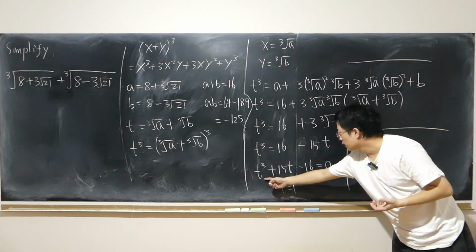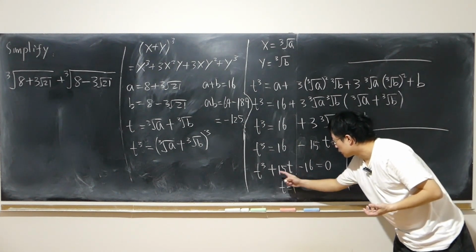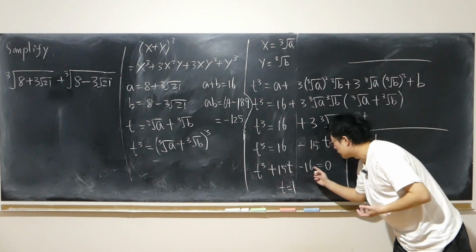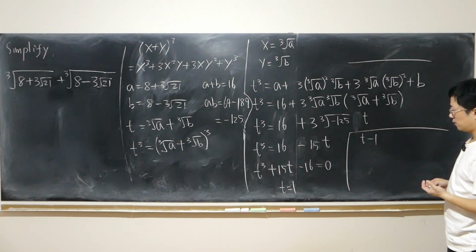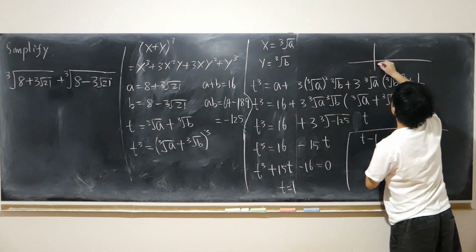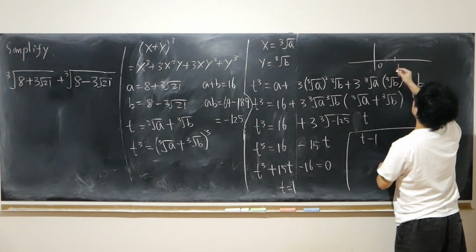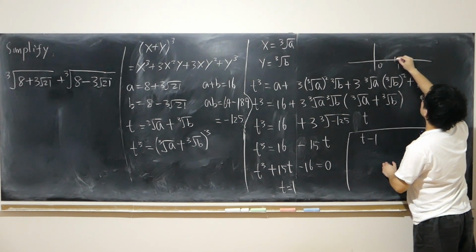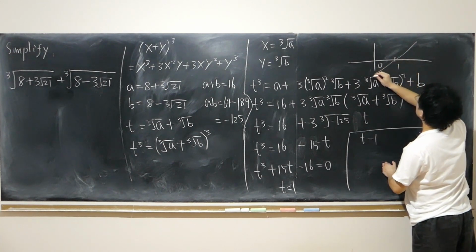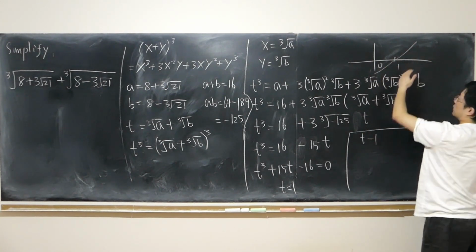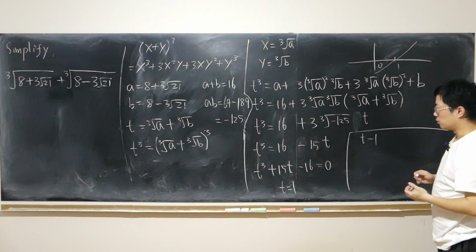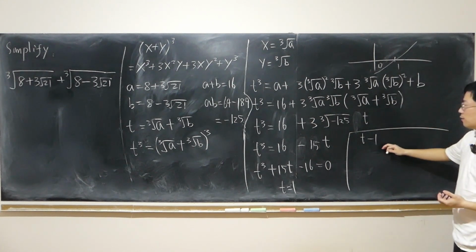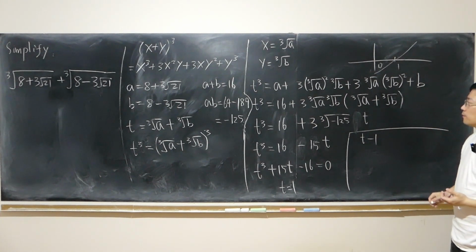Obviously this function is an increasing function, right? As t increases, the whole thing increases. And also 1 is a solution. So strictly increasing, so the only real solution is just 1. The other two are complex solutions.